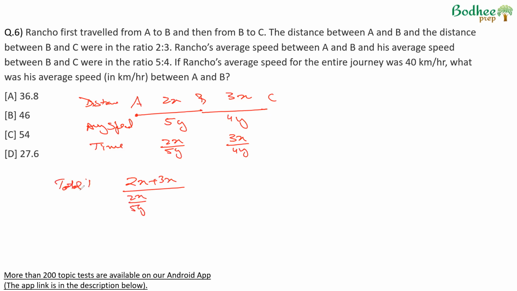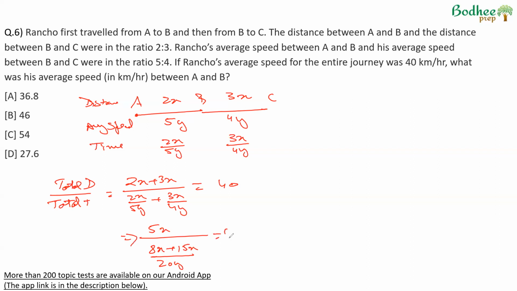Total distance upon total time is average speed, which is given as 40. On solving, we can say 2x plus 3x, 5x upon denominator here will become 20y for 8x, 4, 5 are 20, 15x. This is equal to 40.